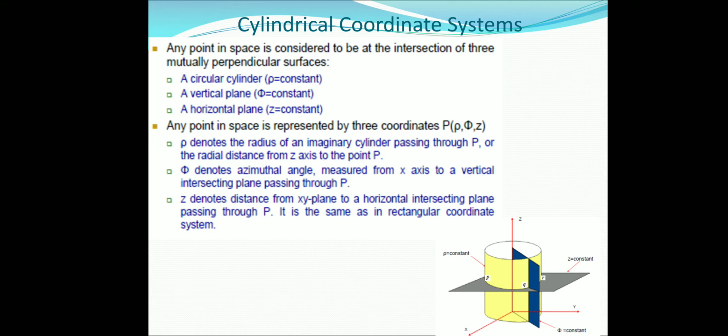So this is the cylindrical coordinate system. The intersection of these three surfaces represents a point in the cylindrical coordinate system.